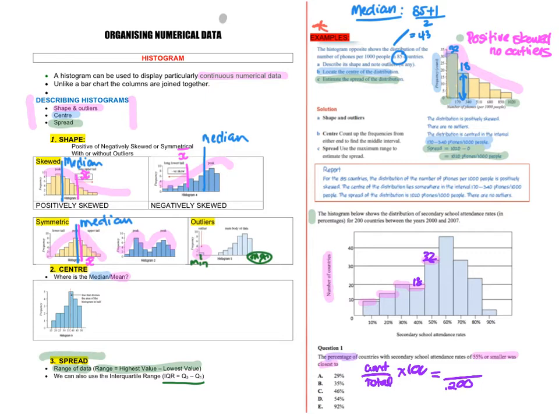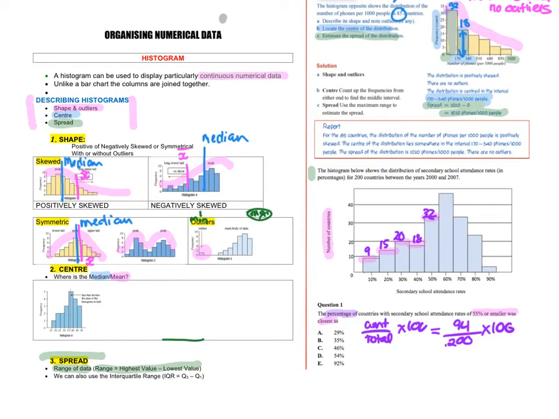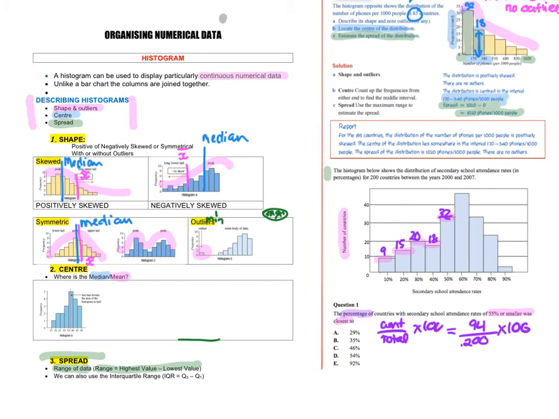So I'm up to 50 plus another 20, 70 plus another 15, 85 plus another 9, maybe 94. I'm doing it rough. Which answer is roughly going to be 94 out of 200? I'd say this one, D, 54%. 100 is half of 200, so roughly 200. Oh, was it 46? Yep, am I bad? It's lower than what I think? Yep, sorry.